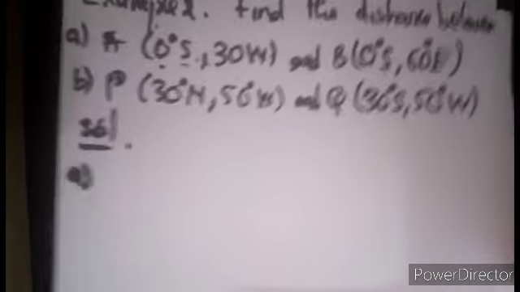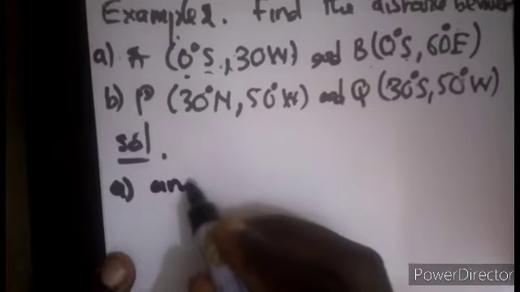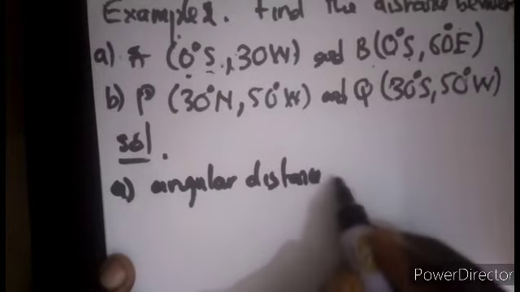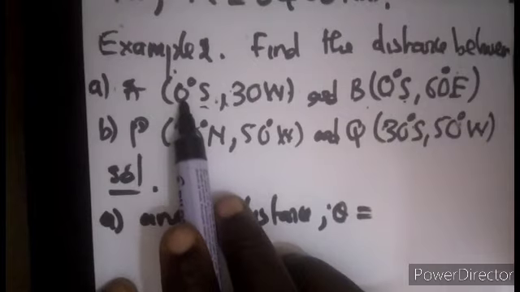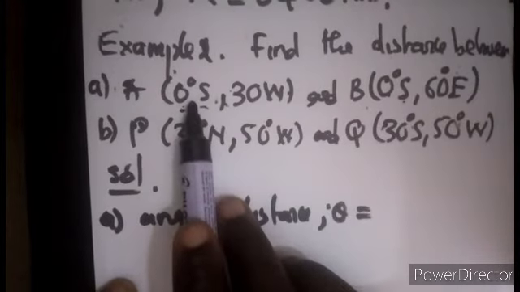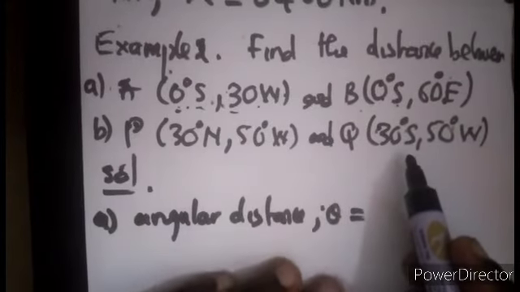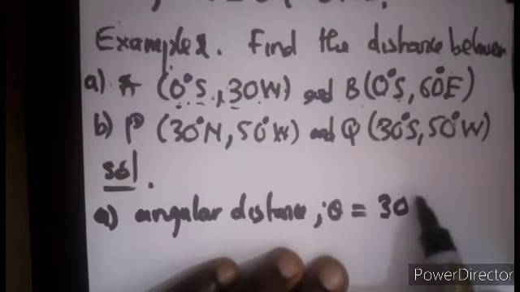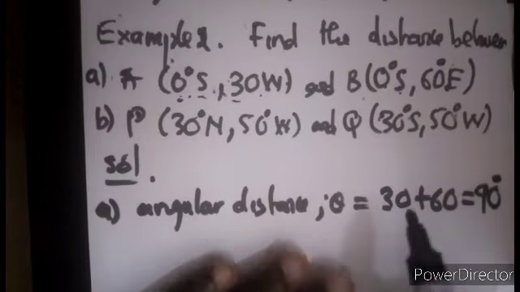So now let's solve this question. We have angular distance, that's theta, equal to what? Remember we said when they are on the same latitude and different longitudes, we sum the angles of the longitude. So we have 30 degrees plus 60 degrees, which is clearly 90 degrees.